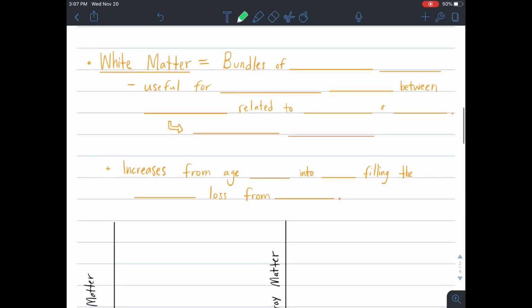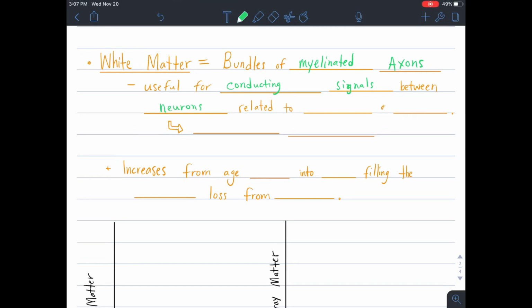All right. The white matter. The white matter is different. It's the axon that's layered in myelin. So we'd say that the white matter is bundles of myelinated axons. And these are useful for conducting signals between neurons.